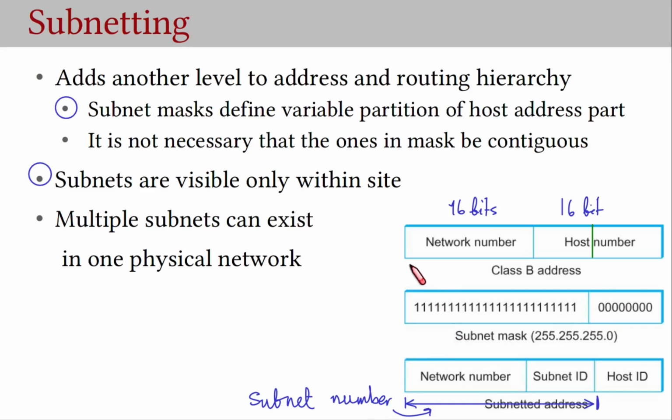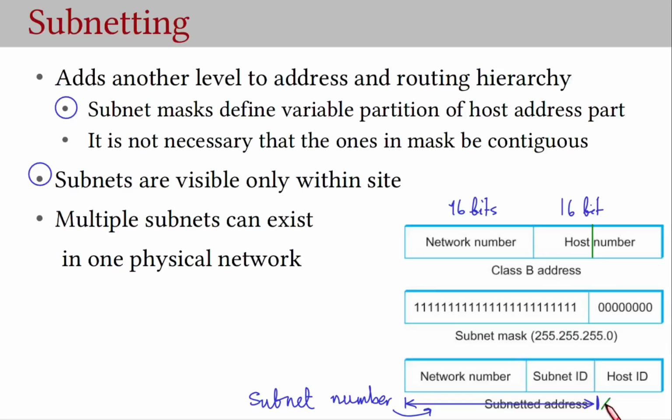Realize that since all of these bits are 1, whatever is the network number and subnet ID part of this IP address, it's going to give the subnet number, because anything ANDed with 1 is that thing by itself. And then since these bits are 0, anything ANDed with 0 is 0, and therefore all of these bits are going to come out to be 0. And so the result of a bitwise AND with a subnet mask gives the subnet number.